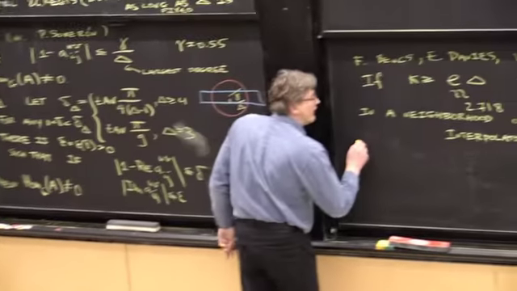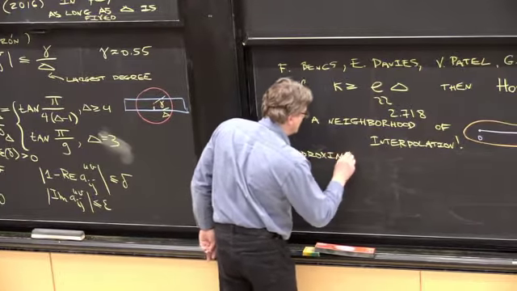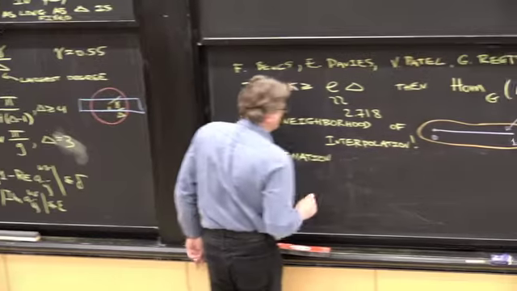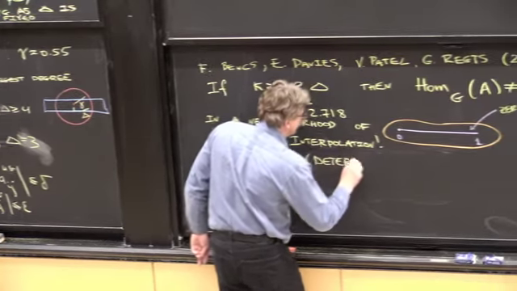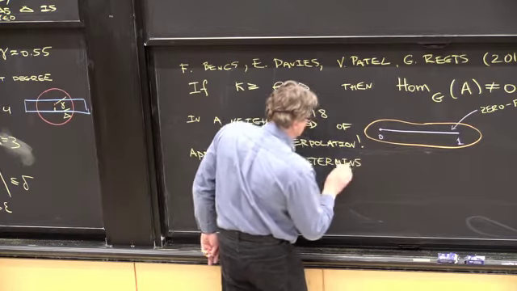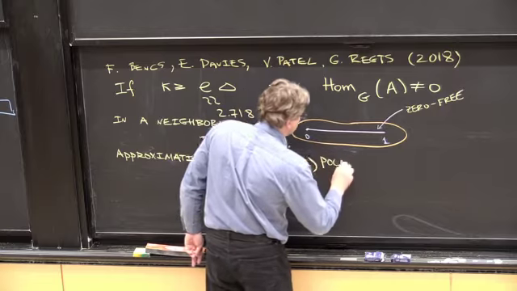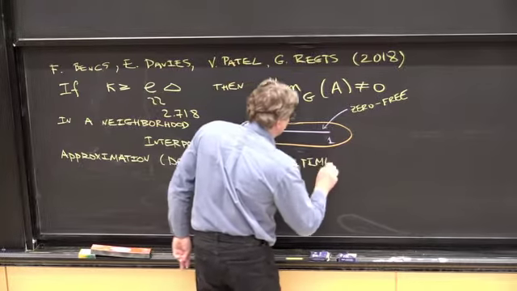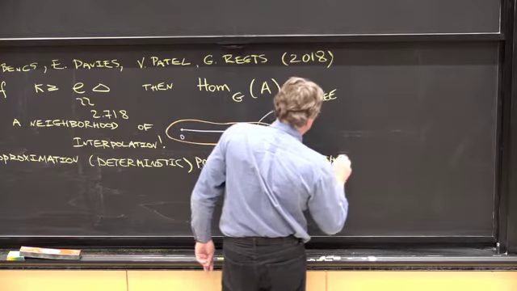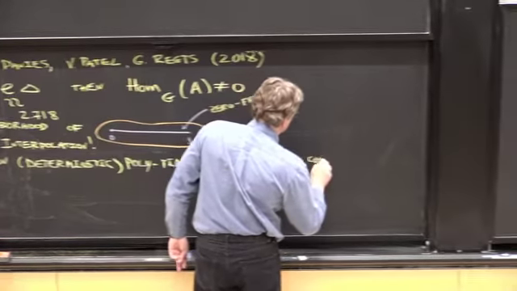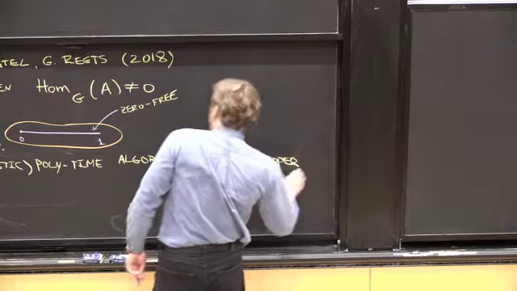So we get an approximation, a deterministic polynomial time algorithm to count proper k colorings.